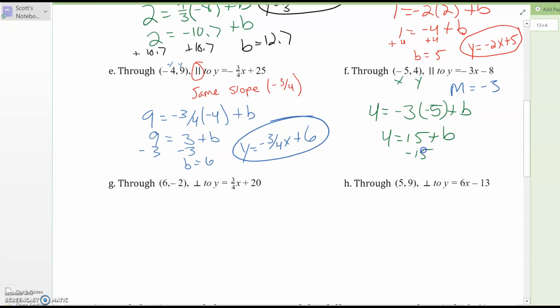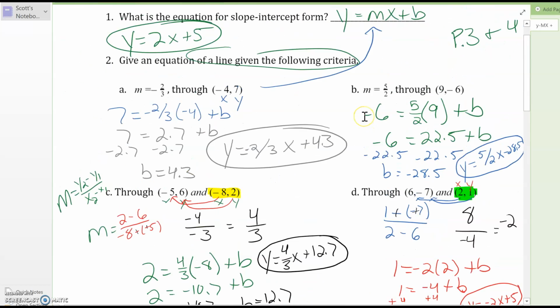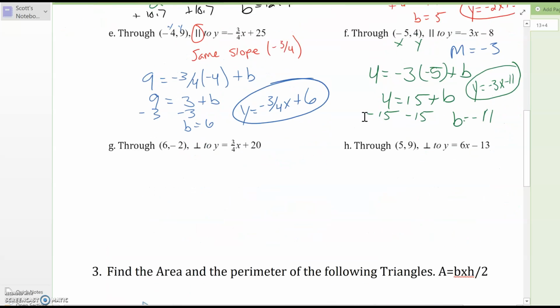When you multiply, b equals -11. So I should get y equals -3x minus 11. Okay, very similar to each other.